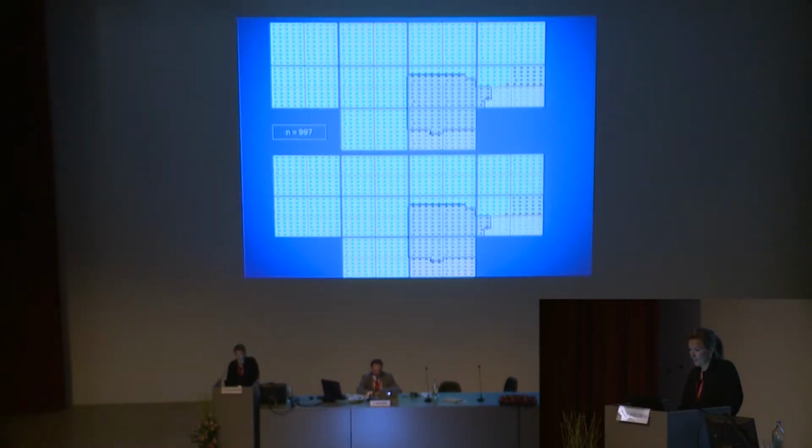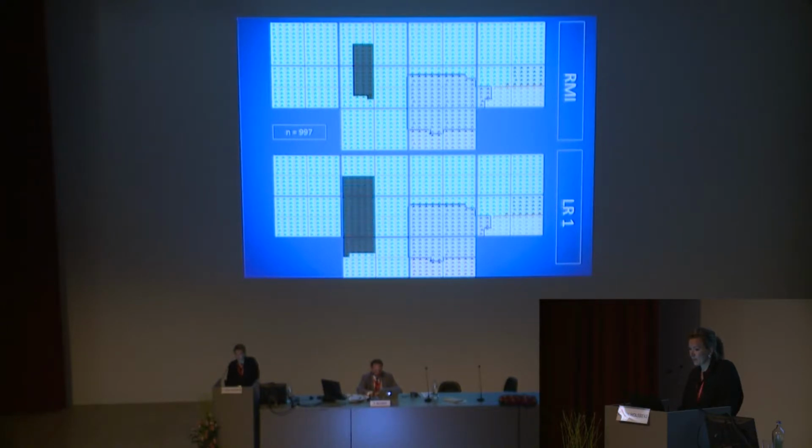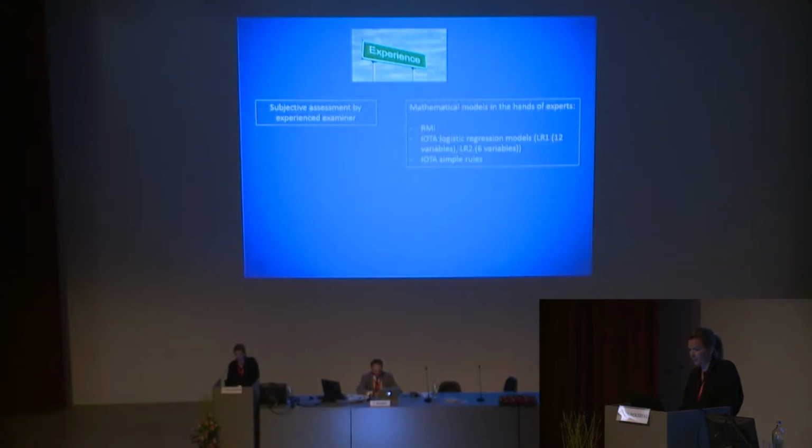And this is the performance for RMI versus LR1, and you see these are the benign cases that were missed by RMI and LR1, and you see that RMI missed more borderline tumors than LR1, missed more stage 1 cancers than LR1, missed more advanced ovarian cancer, and missed more metastatic tumors.